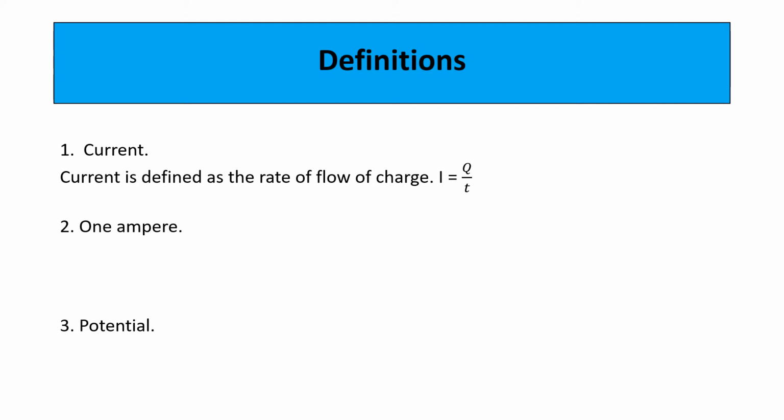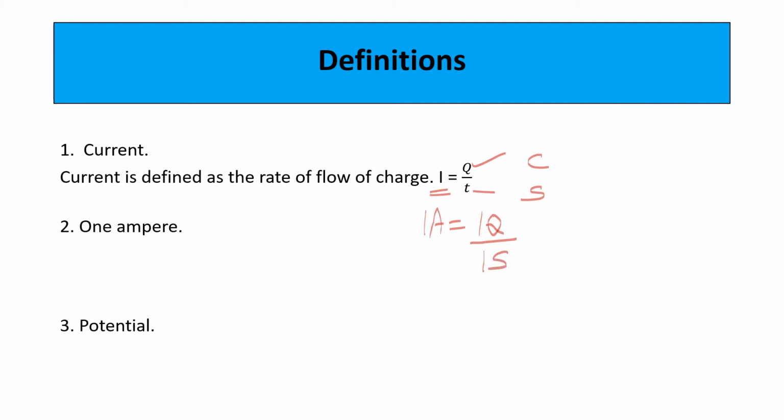Define 1 ampere. We know ampere is the unit for electric current. What is the unit for charge? The unit for charge is coulomb. And what is the unit for time? The unit for time is seconds. Therefore, how do you define 1 ampere of current? If electric current should be 1 ampere, then the charge Q must be 1 and time should be 1 second.